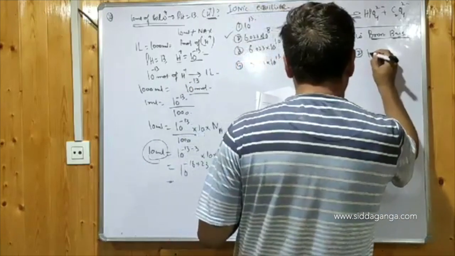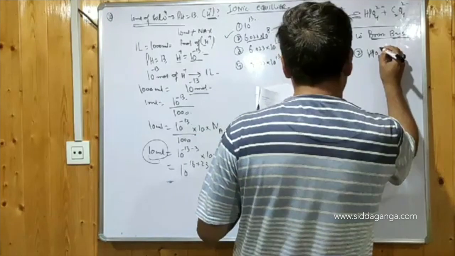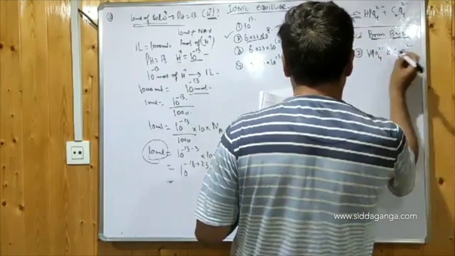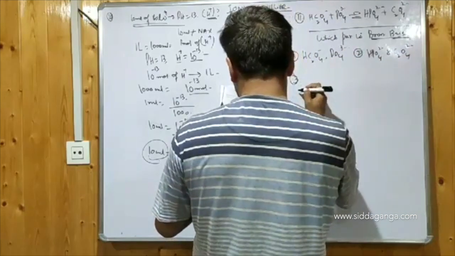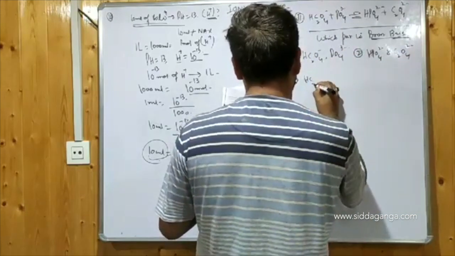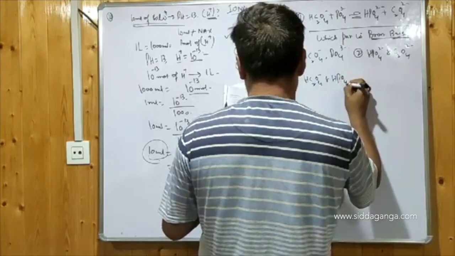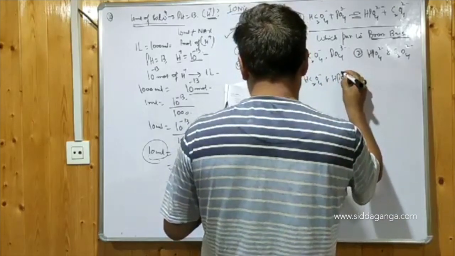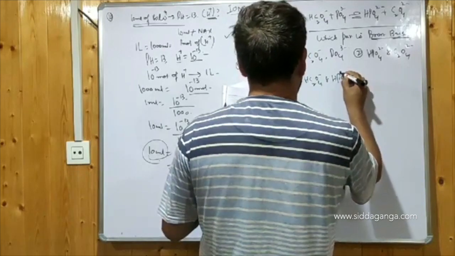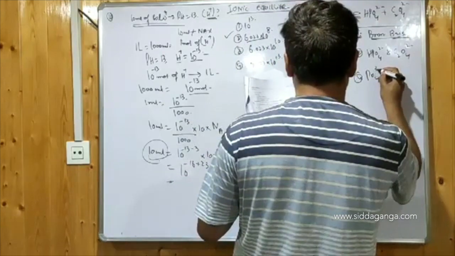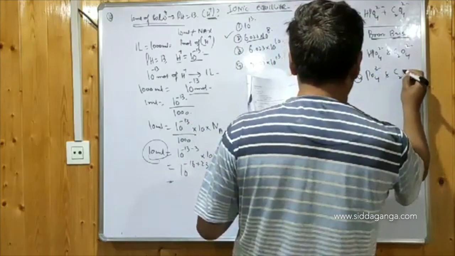Option 2 is HPO4 2 minus and C2O4 2 minus. Option 3 for you is HC2O4 minus and HPO4 2 minus, and fourth option for you is, children, PO4 3 minus and C2O4 2 minus.